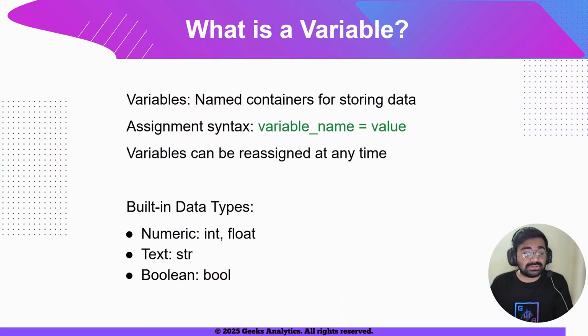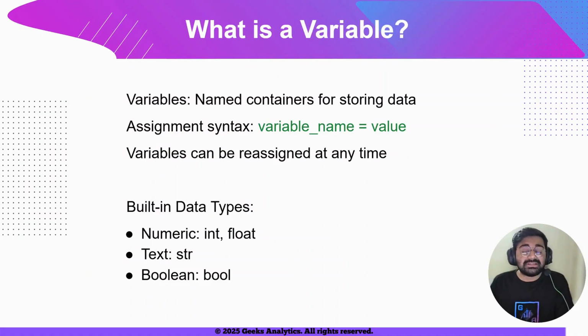Each variable holds a name, and a value is assigned to it. To assign a value to a variable, you give it a name. Let's say the variable is called simply name, and to assign a value, use equals, and the value would be, I would say, Chirag. So name equals Chirag. That is how a value can be assigned to a variable.